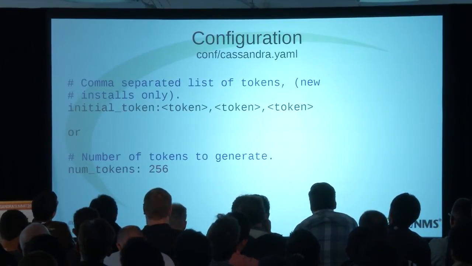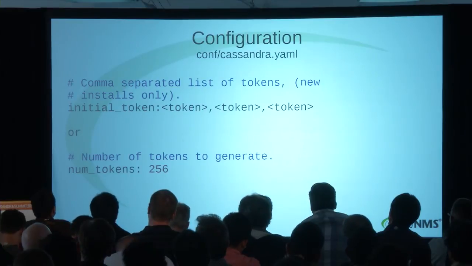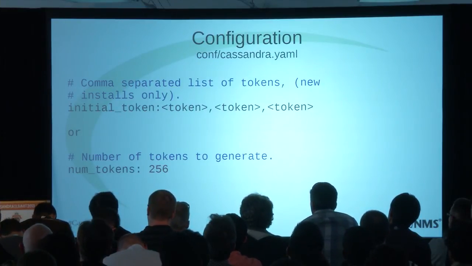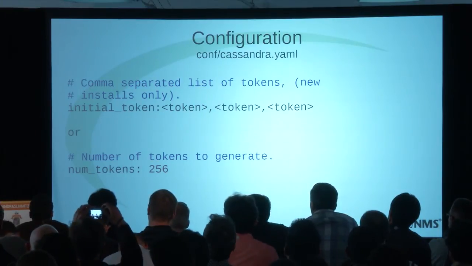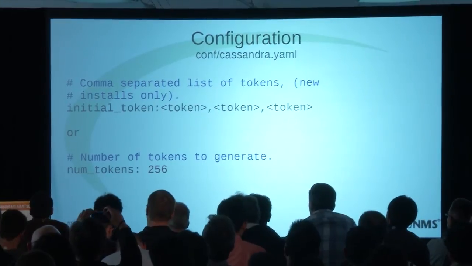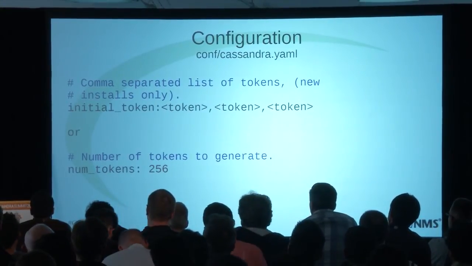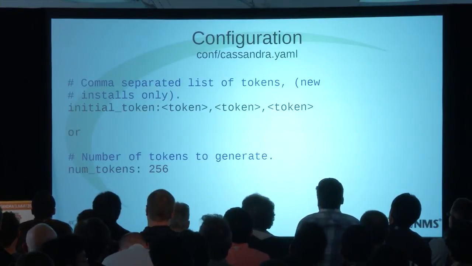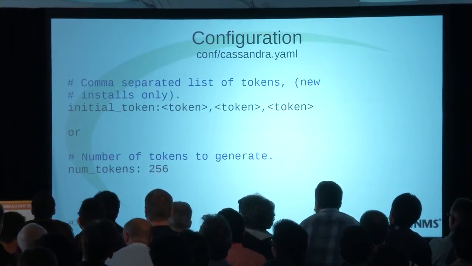There's two things that affect virtual nodes. One is the initial token parameter, which will allow you to specify a comma-separated list of tokens. We don't recommend doing this. It was kind of added for the sake of completeness. Initial token does something, and there's an expectation there, so it was more or less conforming to the element of least surprise. What we'd recommend you do instead is just set the num tokens parameter.